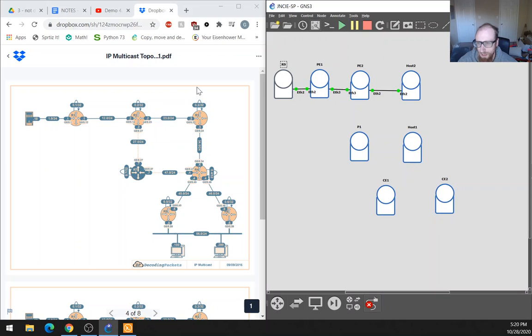Okay, and they're using encapsulation, or it looks like they're using VLANs. So let's do that. I haven't really gotten a lot of practice with VLANs on here, so let's just get comfortable doing that.